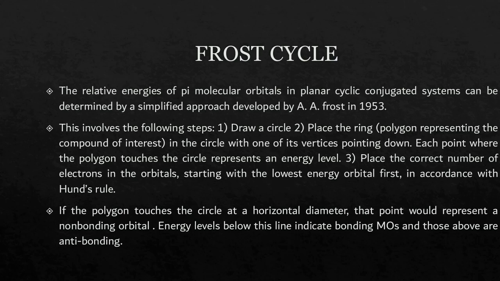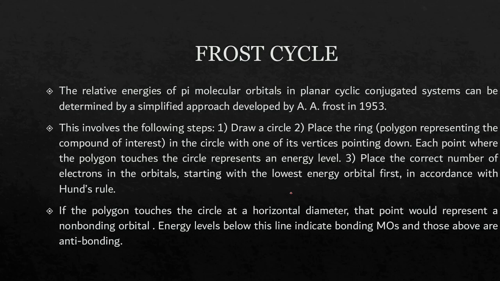Now this entire process involves the following steps. The first thing is we should draw a circle. Then we need to place the ring, that is the polygon representing the compound of interest, in the circle, with one of its vertices pointing down.